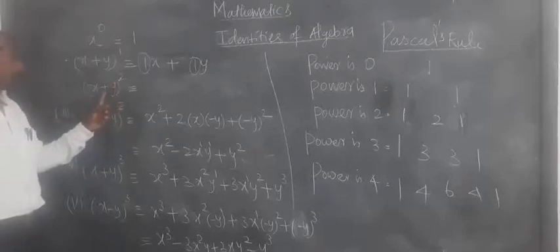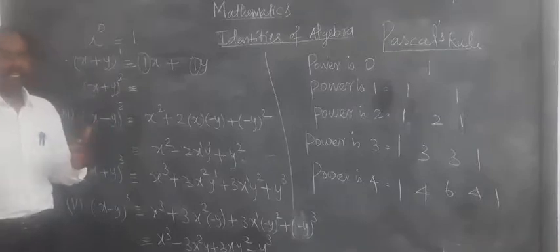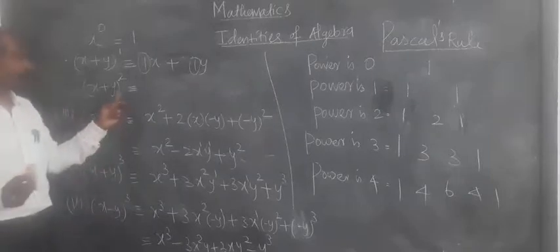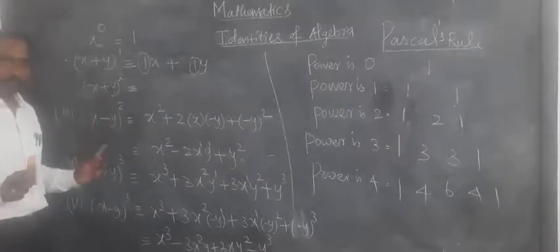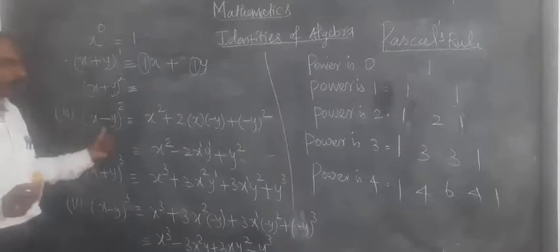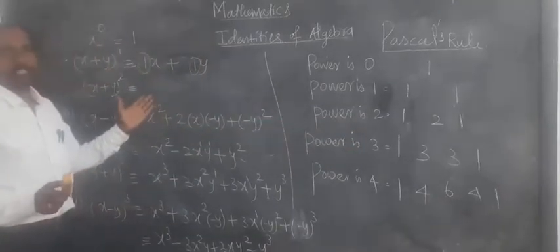For x plus y whole power 2, if you memorize it, one day you will definitely be unable to recall this identity. But now follow my way of teaching. Think about Pascal's rule and you can get the identities.